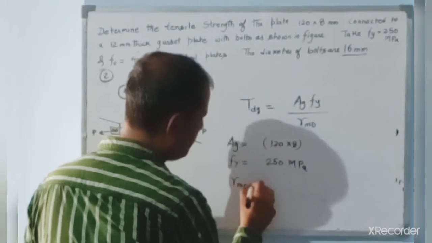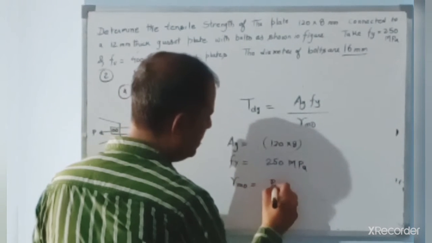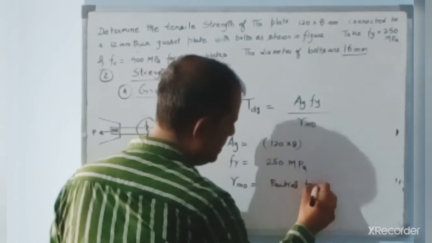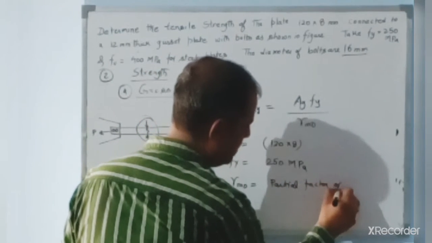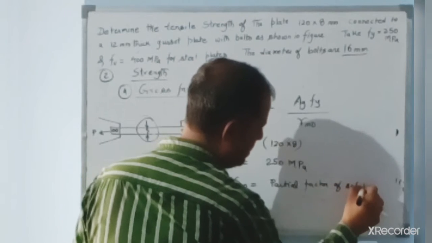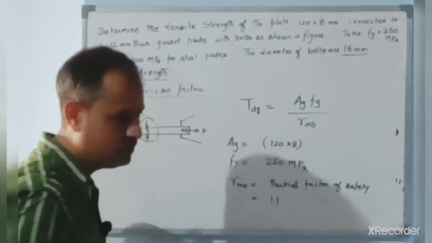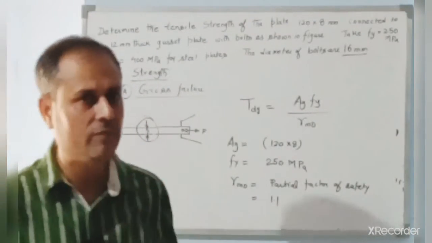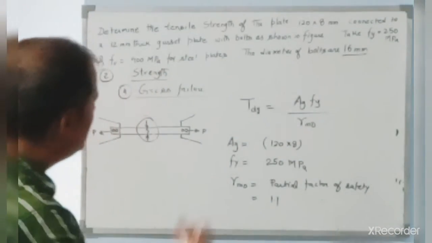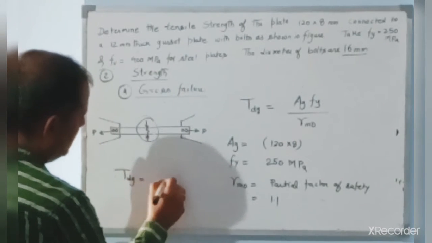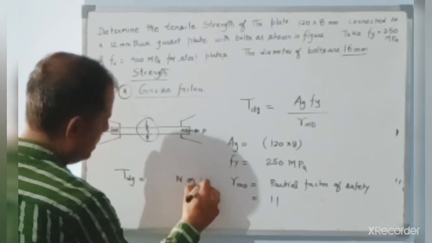Gamma m0 is the partial factor of safety, and generally we take its value as 1.1 in case of yielding failure. So putting all these values, we can calculate TDG in Newton or kilonewton.